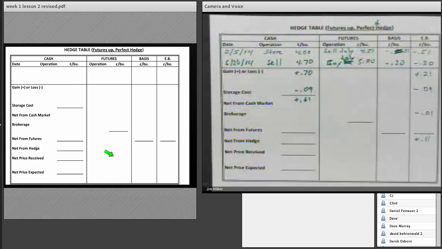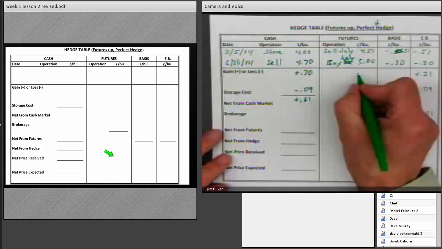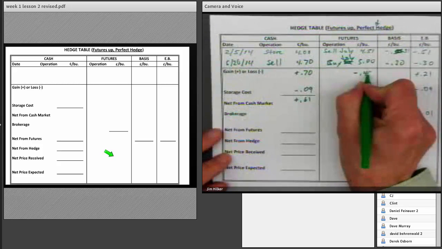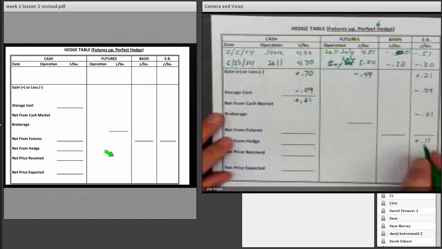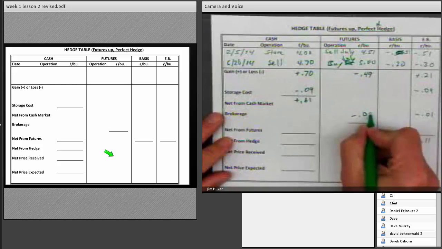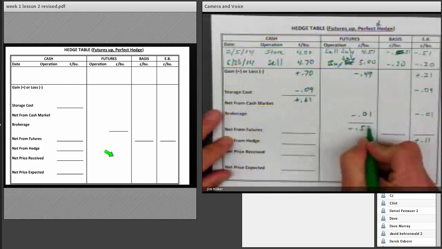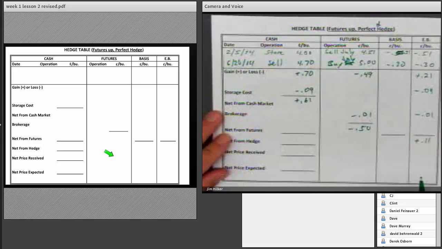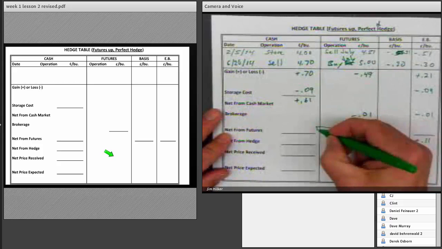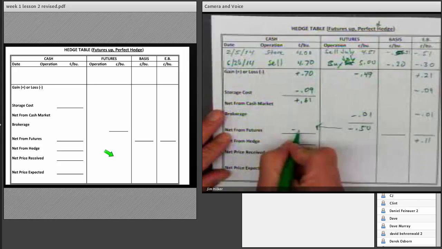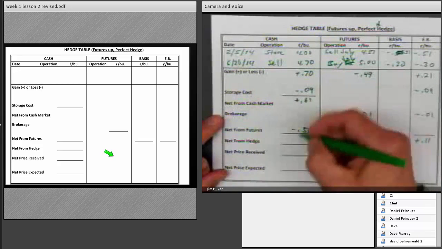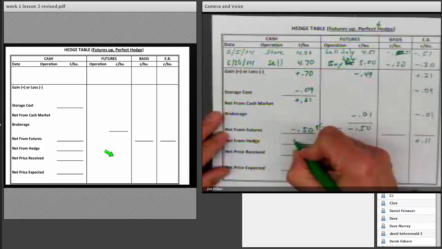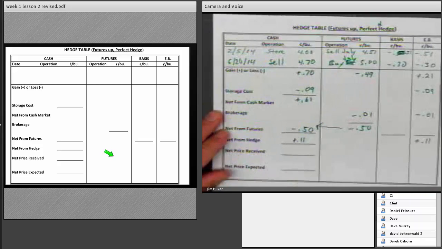We had to take $5 out of our pockets, and we lost 49 cents in the futures market. Plus, you still had to pay our brokerage, so we lost 50 cents. This is an estimate. This one here, we bring that number over here, minus 50 cents, plus 61 cents, and lo and behold, 11 cents.